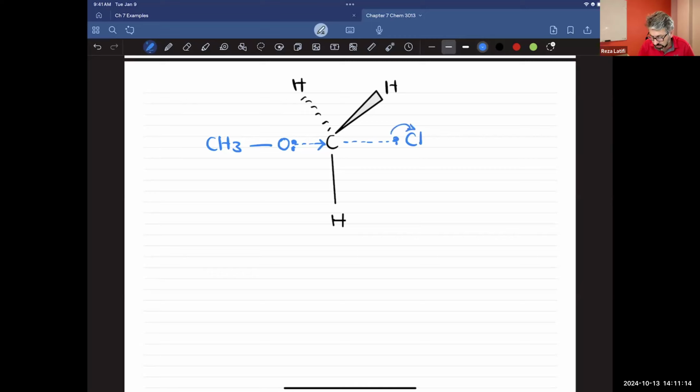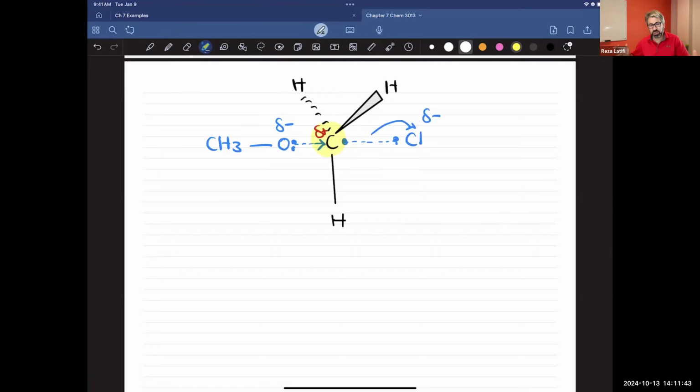It's taking those two electrons and trying to leave the system. To be more accurate, it is taking both electrons. Now chlorine has a negative charge, oxygen has a negative charge. Where is the positive charge? On carbon. The positive charge is buried exactly there, right on carbon.